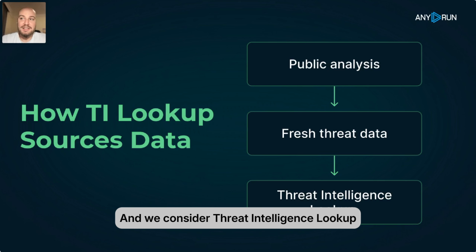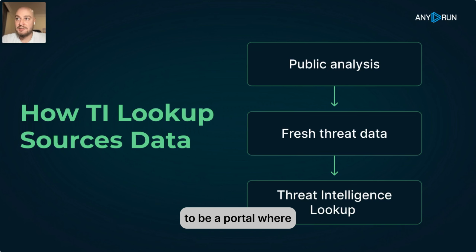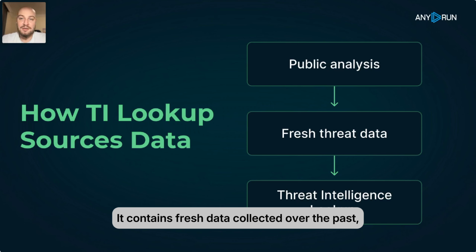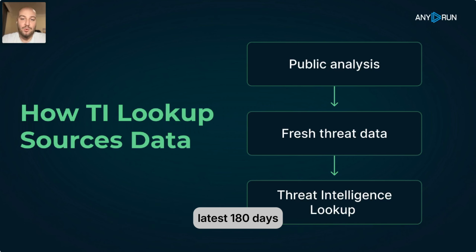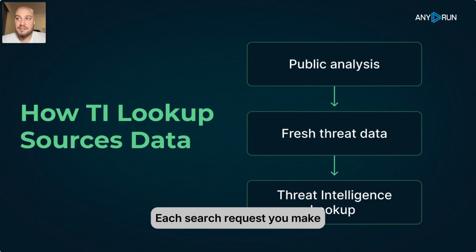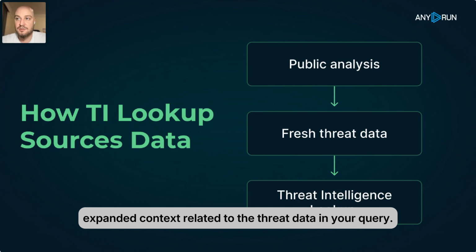And we consider Threat Intelligence Lookup to be a portal where analysts can gather information on the latest threats. It contains fresh data collected over the latest 180 days that you can search through within just 2-5 seconds. Each search request you make returns results that provide expanded context related to the threat data in your query.